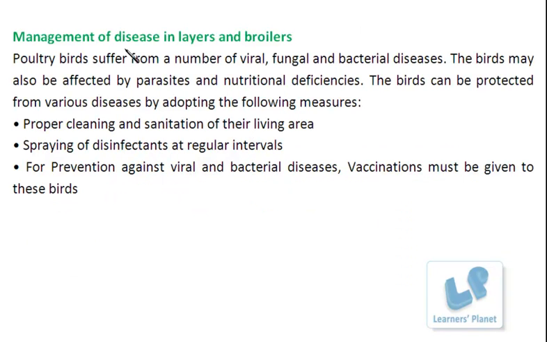So the very first thing is what type of diseases are probably taking place in these organisms. Usually these poultry birds suffer from viral, fungal as well as bacterial diseases. Besides this, there are many parasites which can cause diseases in poultry birds. And not only this, the other type of diseases which are common are related to nutritional deficiency.